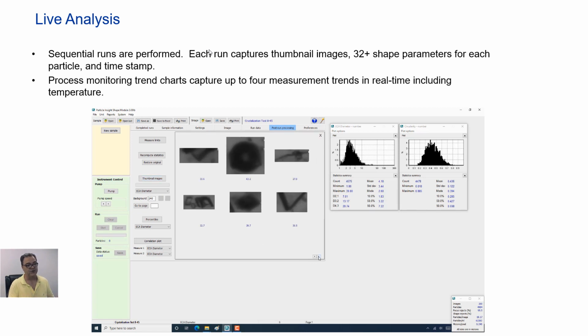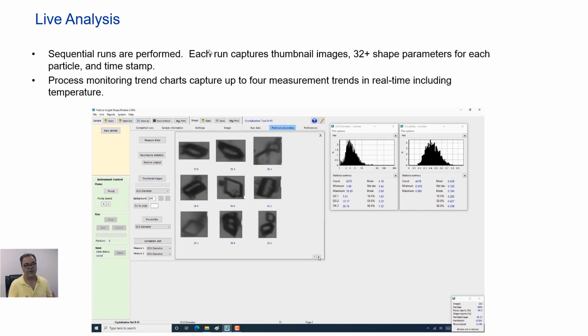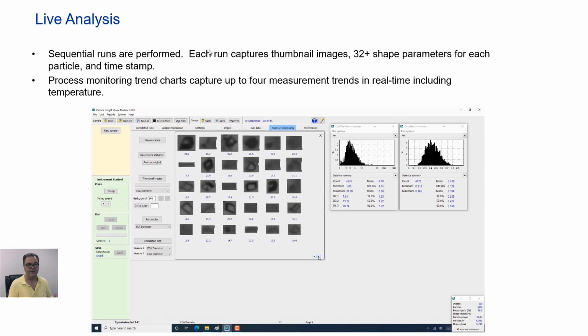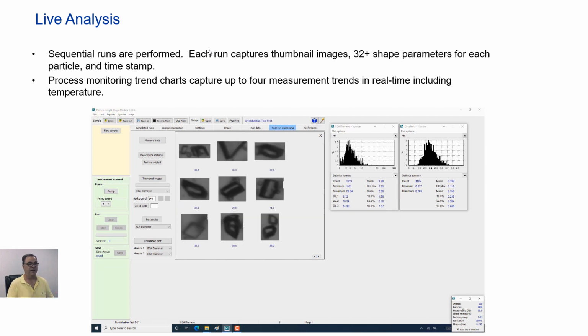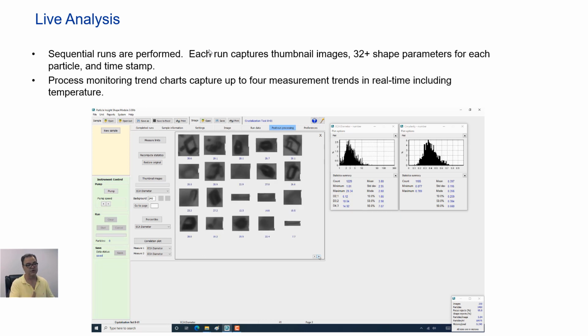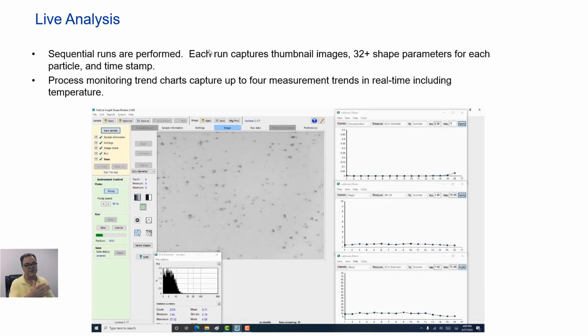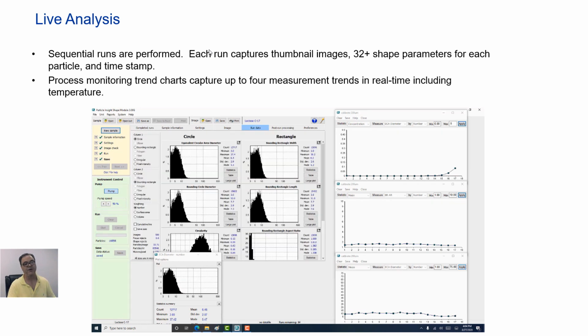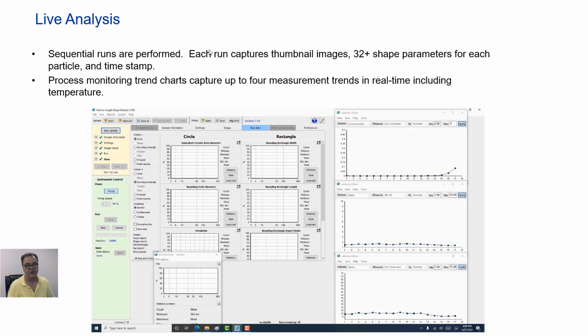Typically, it's interesting to look at the thumbnails, but it's also very interesting to see if there's anything in the trend that changed that was of interest. If there is, the user can actually go in, look at that specific run, and look at the specific thumbnails that attributed to some specific change in the trend chart.